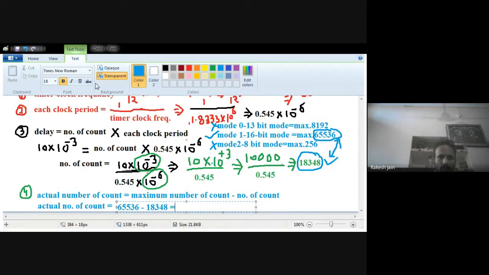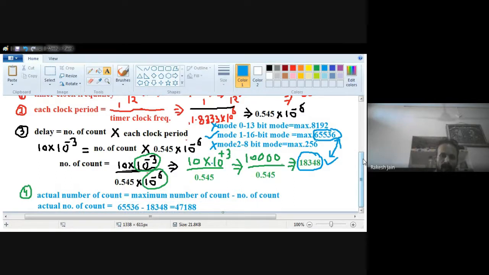I just check from the calculator. 65536 minus 18,348 will be 47188. This is the particular value for 3 milliseconds. 47188 is the actual number of count.